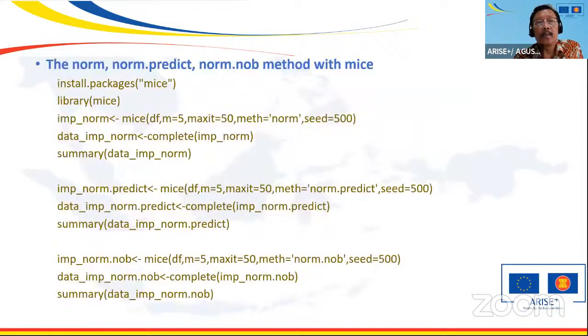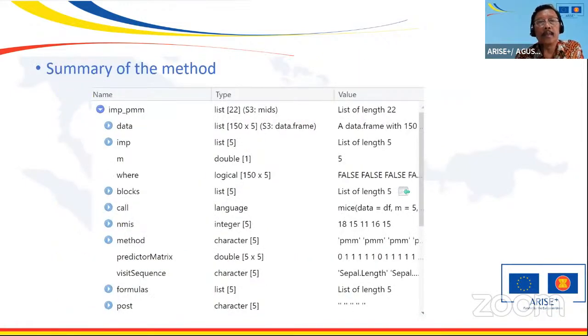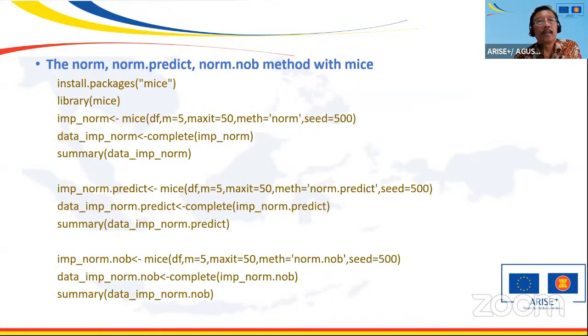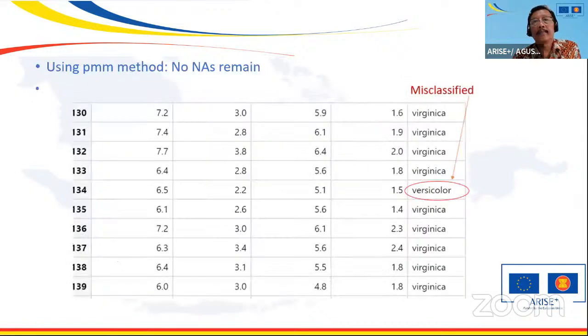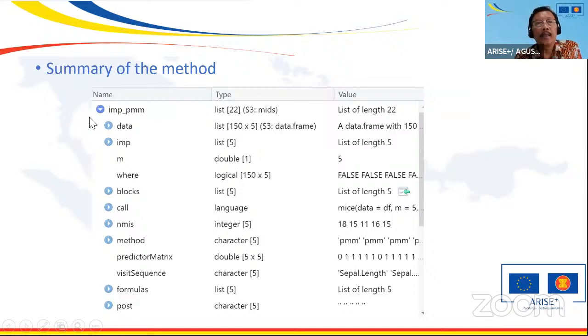But the whole thing is imputed, including the categorical variable. And here again, the summary of method, you can see the method. All are PMM, yeah.